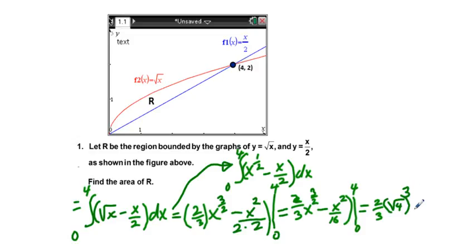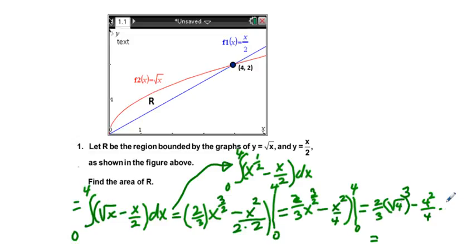This is x to the 3/2 minus, we're going to have 4 squared over, well, I said 16 down here. That is wrong, wrong, wrong. It's supposed to be 2 times 2 is 4. So you have x squared over 4. There we go. So we have 4 squared over 4.